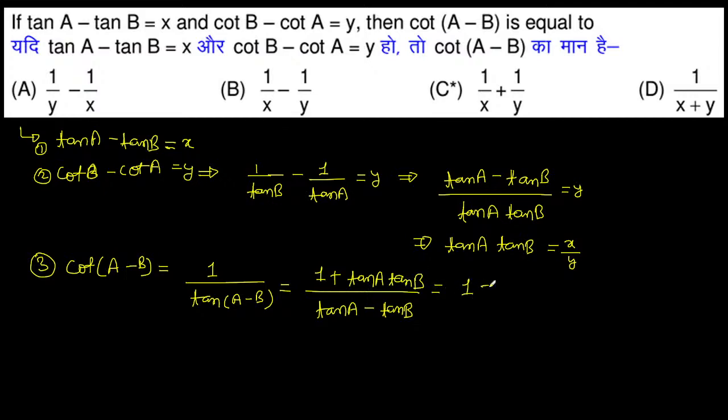And now we know that tan a tan b is x by y and tan a minus tan b is x. So this is x plus y divided upon xy, or 1 by x plus 1 by y.